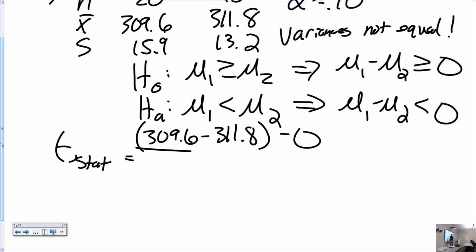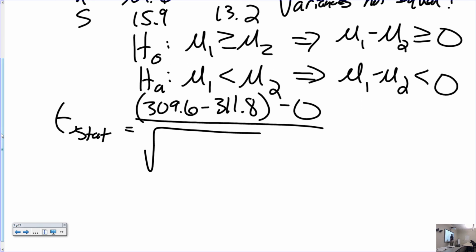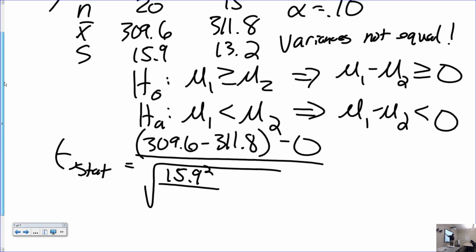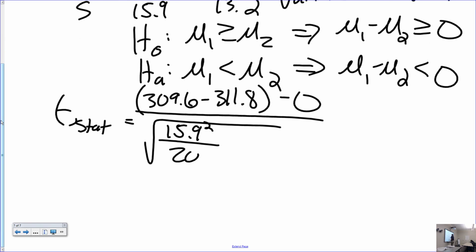Again, minus 0. Now we have the square root of S1 squared, 15.9 squared, all over 20, plus 13.2 squared, all over 14. Much easier numbers to deal with.